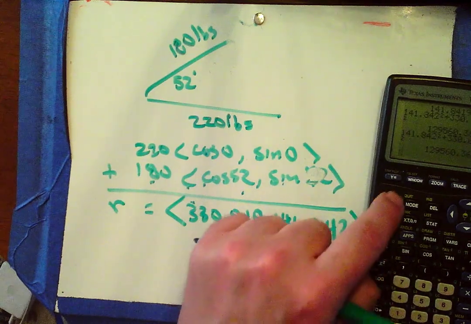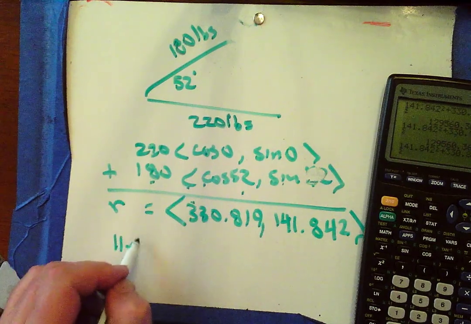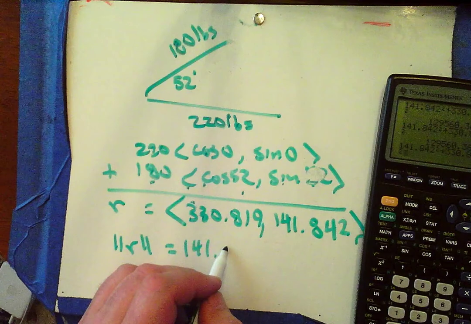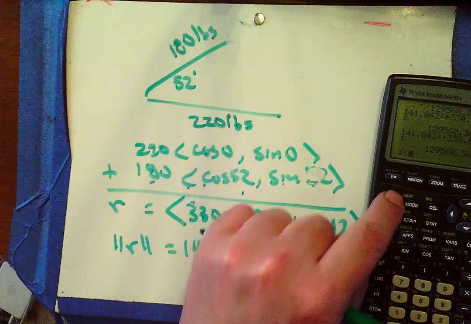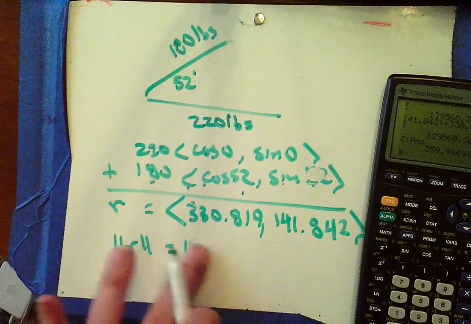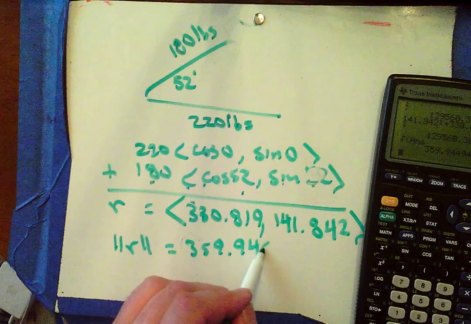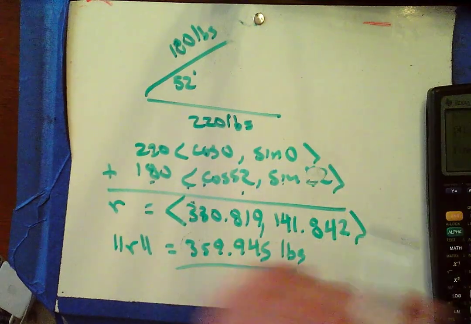And I get the magnitude of R is 141. Square root of that answer. No, it isn't. It's 359.945 pounds. Okay, that's problem number 20.